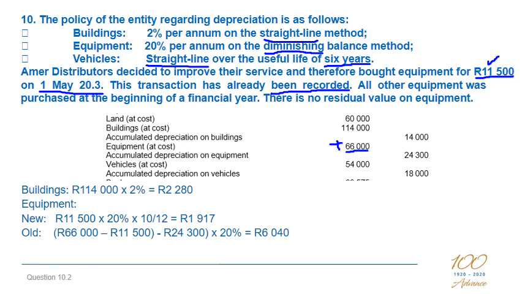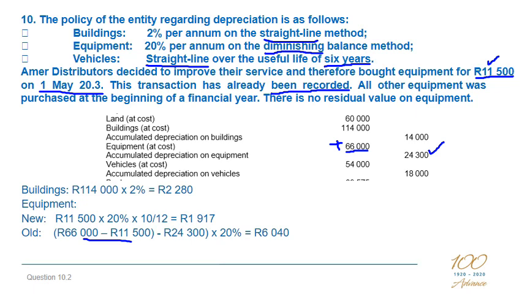So this 66 minus the 11,500 is just to get the cost of the old equipment. From that cost, I need to deduct the accumulated depreciation, which is provided over here, times the percentage, and that will give me the 6,040.